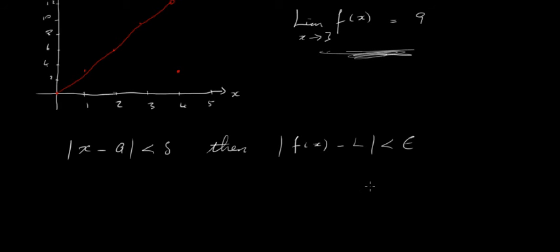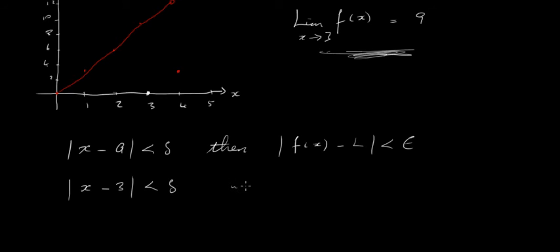So let's stick in the values that we've got. I'm going to start here on the left hand side. We want to show that our x minus our a, and remember our a here is 3, as x approaches 3, is going to be less than delta.